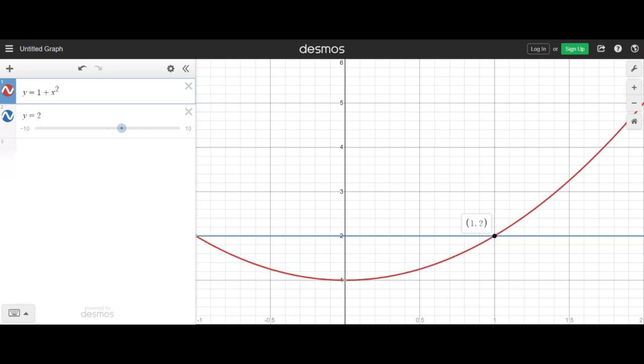Okay, so more x values have y coordinates that are below 2 than the number of x values that have y coordinates above 2.